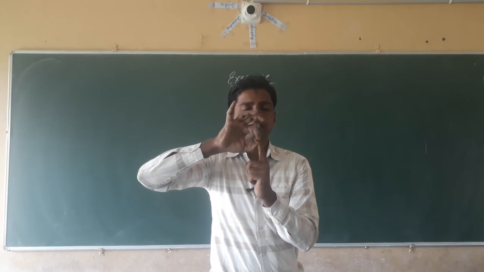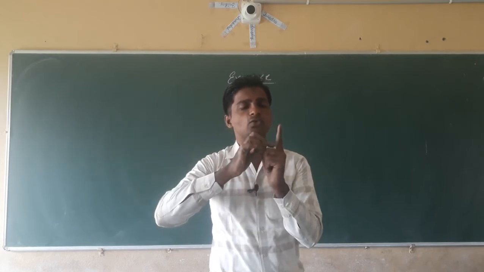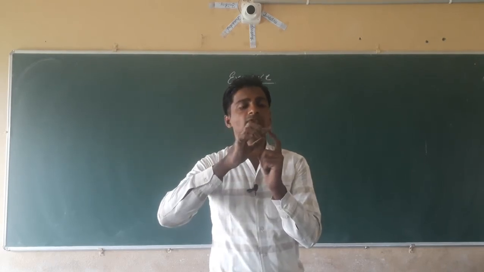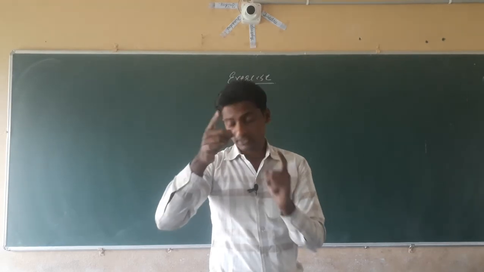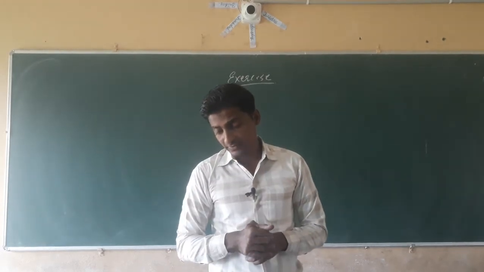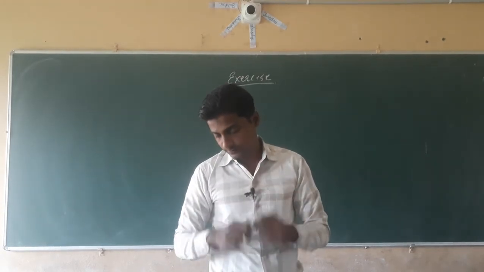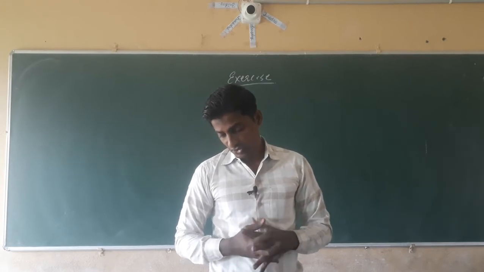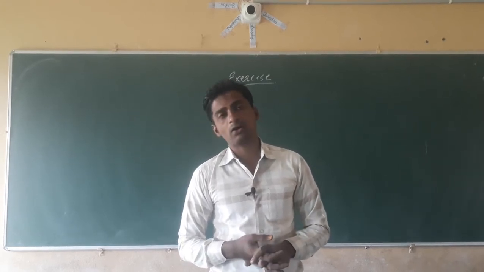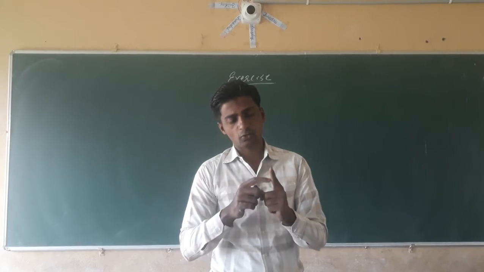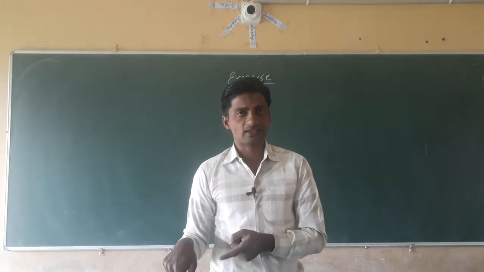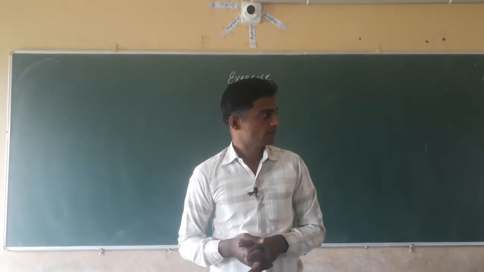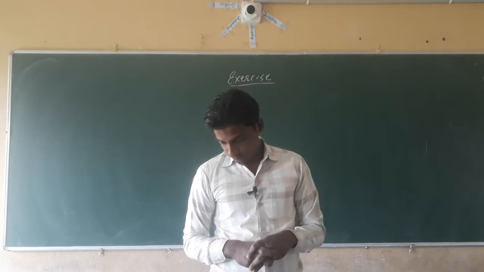See here, the joints are there: joint 1, joint 2, joint 3. The finger bones have three joints. That's why the answer is false. The finger bones are having joints.